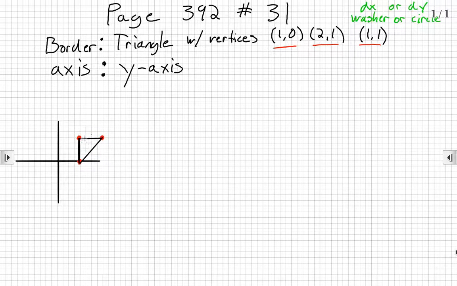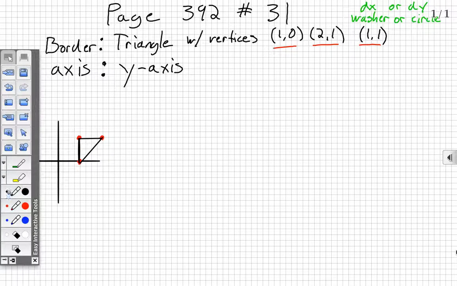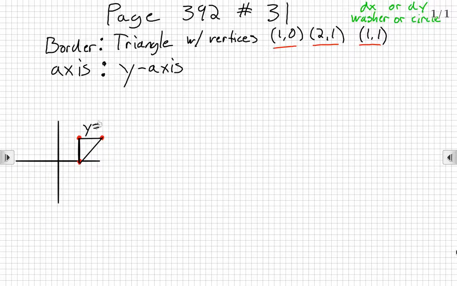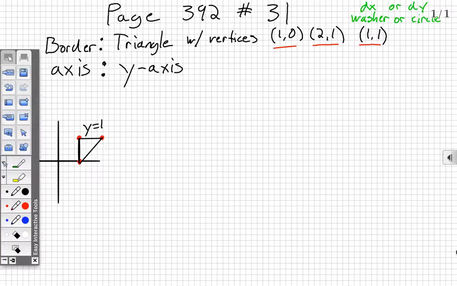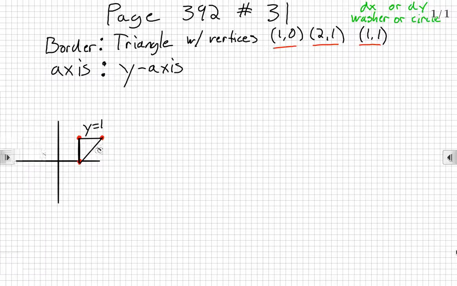Instead of thinking of this side as the side of a triangle, let's think of it as the side y equals 1. Instead of this being a side of the triangle, we can think of it as the equation y equals x minus 1.